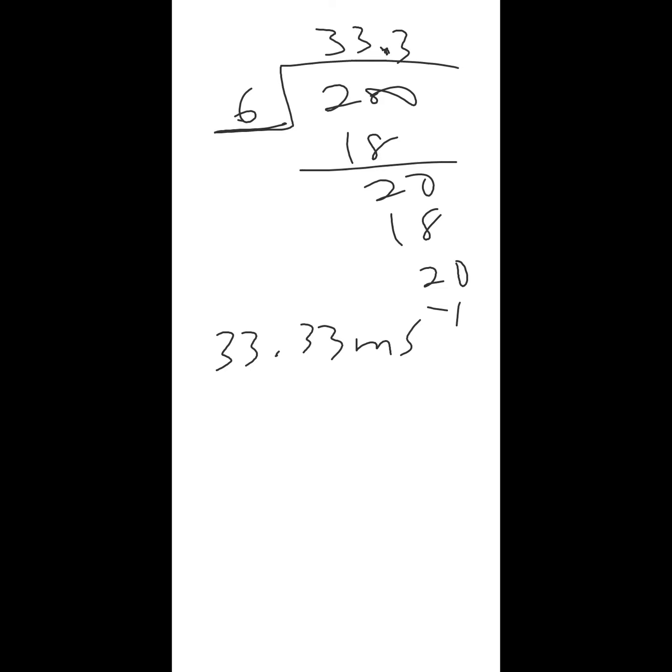What is the average velocity of a man who ran a distance of 3 kilometers at a velocity of 7.5 meters per second, and he walked 1 kilometer at a velocity of 0.8 meters per second?